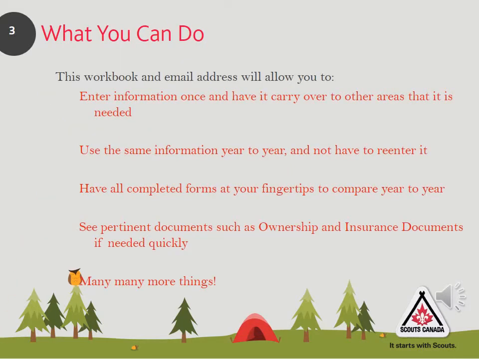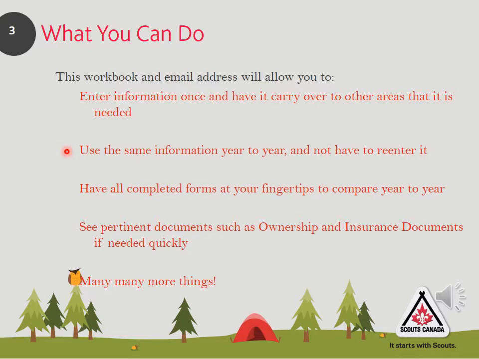So this workbook that has been set up has a lot of cool features that I'm happy to share. So this workbook and email address is going to let you enter in information once, and then it's going to carry over to every document that you have to complete. So you don't have to waste your time completing it over and over and over. You can also use this information year to year. The document's going to be standard, it's not going to change, it's going to be there year to year.